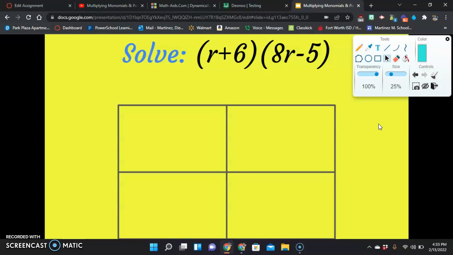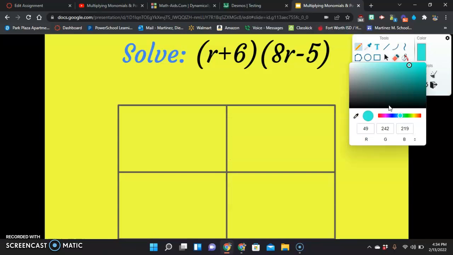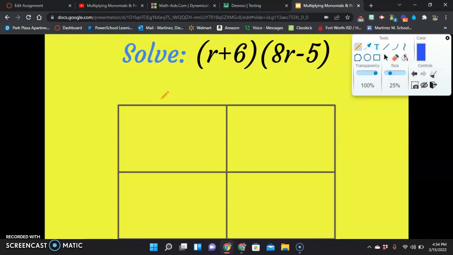Now I'm going to solve this last equation quickly, and then at the end I'm going to give you the steps on how to multiply monomials and polynomials. So on this one we will not change colors because that will take time. So we have r by itself, and we have plus 6.